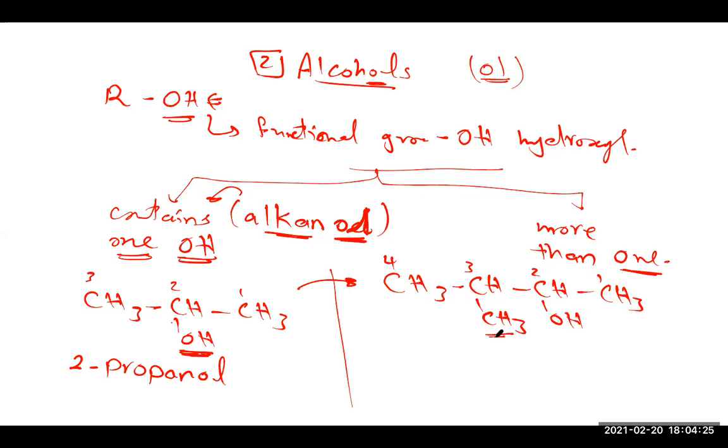I will write the number of the substituent or the branch, which is CH3. So it will be 3-methyl, and the number of the hydroxyl, which is 2. And here our chain is 4, so it will be butanol. So it will be 3-methyl-2-butanol.